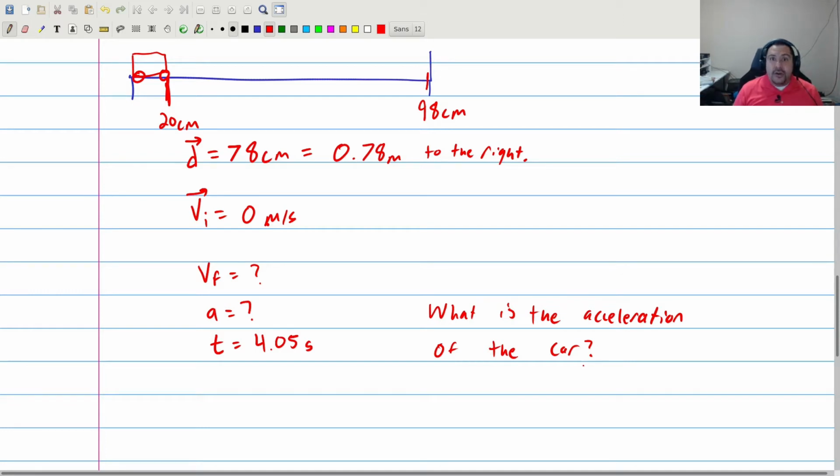So I'm going to look for a kinematic equation that has those three known variables and the one unknown variable that I'm looking for. You'll notice we haven't said anything yet about v final. So we're looking for the equation that does not have a v final in it. If you look at it, it's going to end up being this one. D equals v initial t plus 1/2 a t squared. D is a vector, v initial is a vector, and a is a vector.